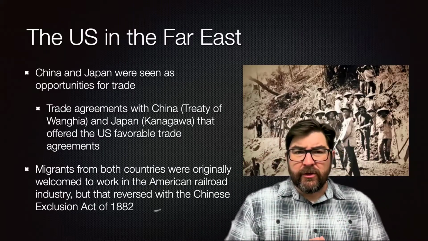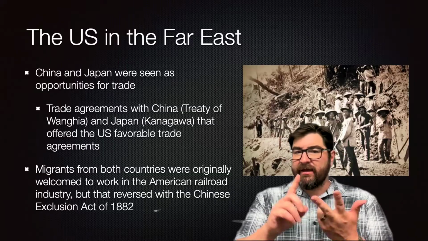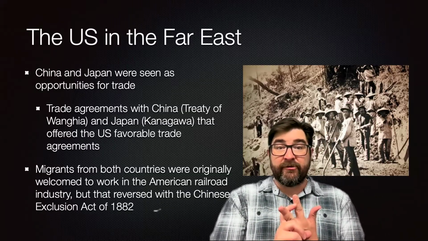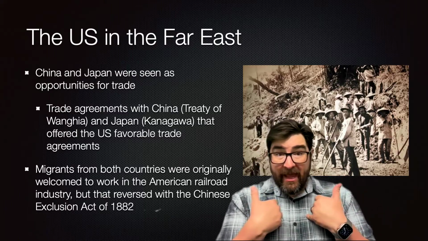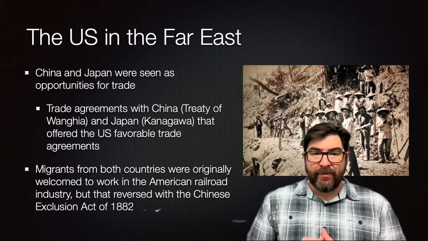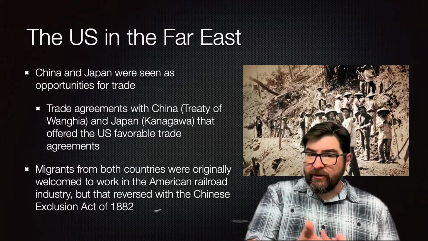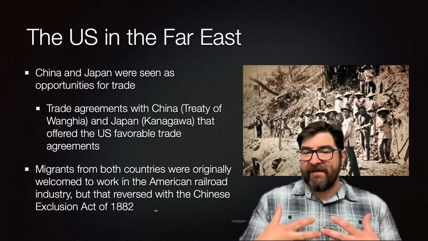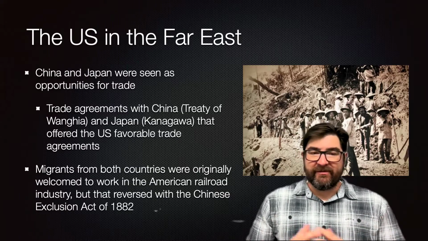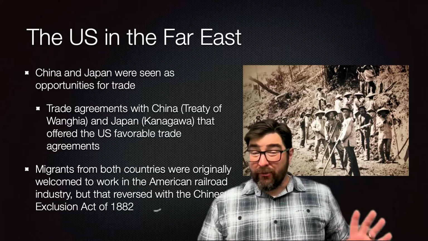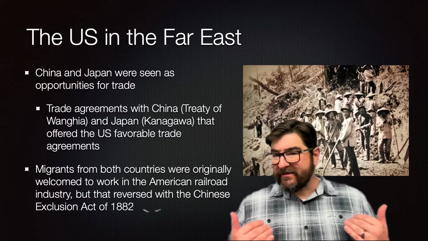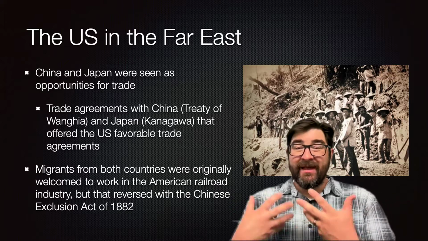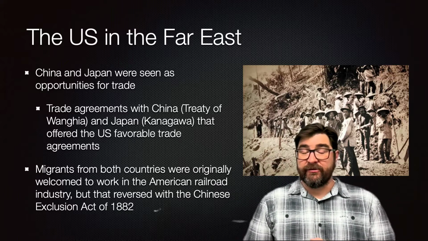The United States was also looking in the Far East. China and Japan were each seen as opportunities by Europeans and Americans for trade. And the United States executed trade agreements with both nations that offered the United States more favorable agreements. Migrants from both of those countries came to the United States for jobs that were opening up, especially in the American railroad industry.